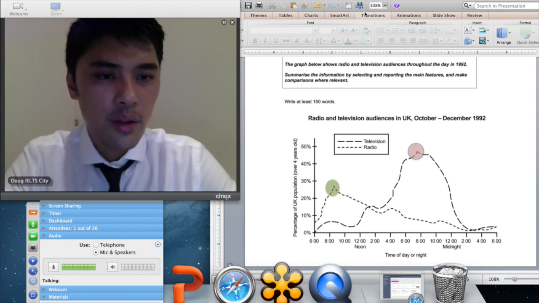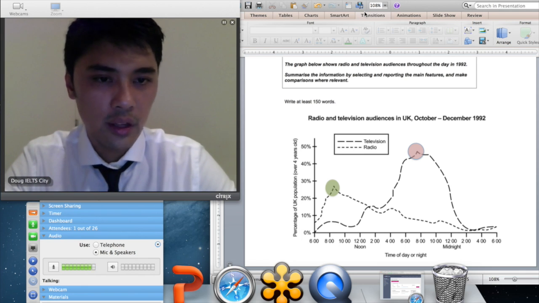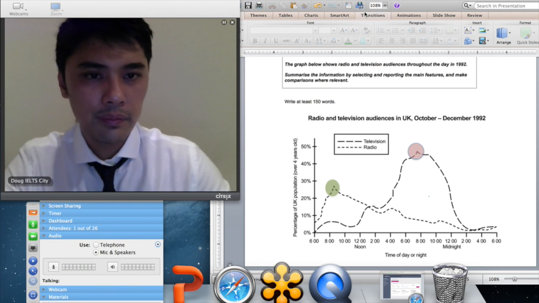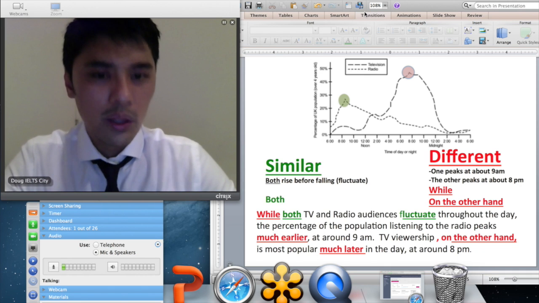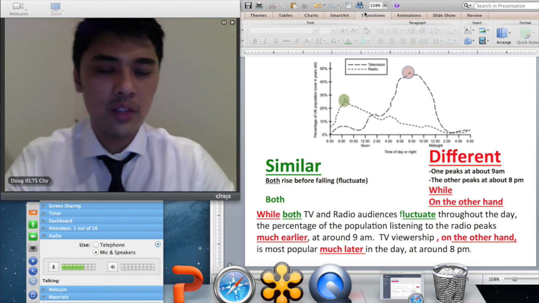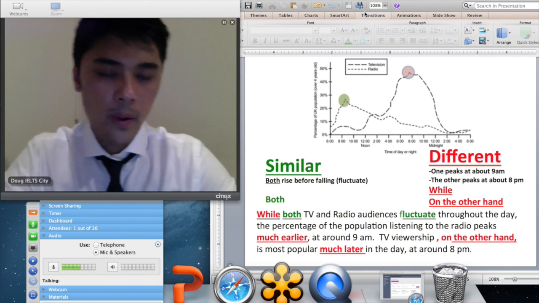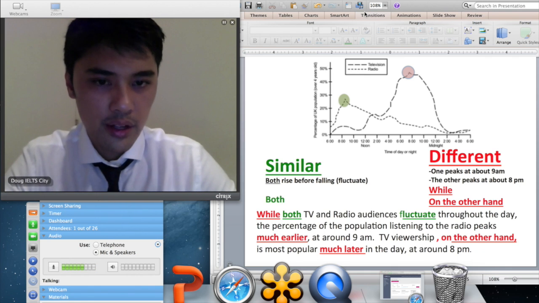Okay, so this is another graph that was provided by IELTS.org, and we have 2 points that have been identified here, and we're going to talk about them. Once again, I've decided to use advanced sentence structures with the idea of talking about similarities and or differences. So we have some similarities.